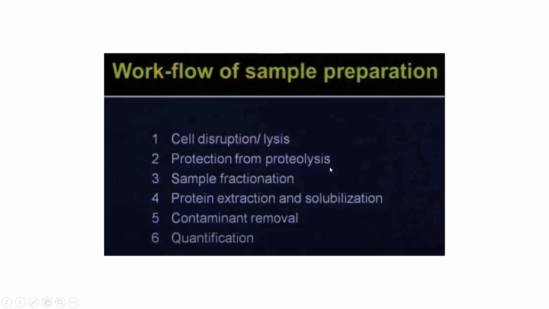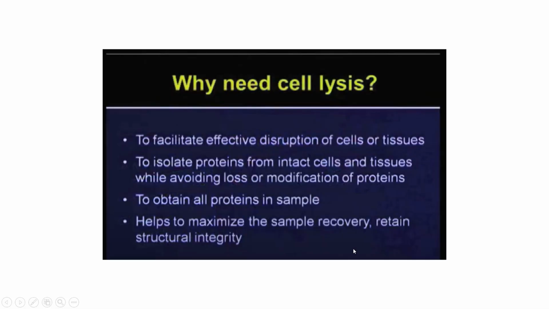You need to lyse the cell, protect it, fractionate it, extract the protein out of it, remove the contamination, and quantify it. So why do you need cell disruption? Obviously, the proteins are present inside the cell, and you need to take them out of the cell. That's the reason you need cell lysis.